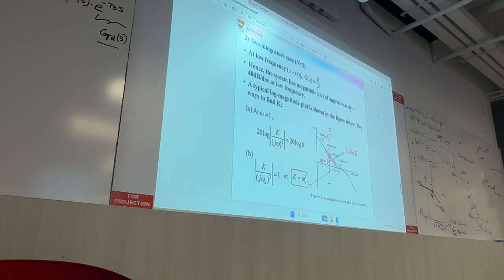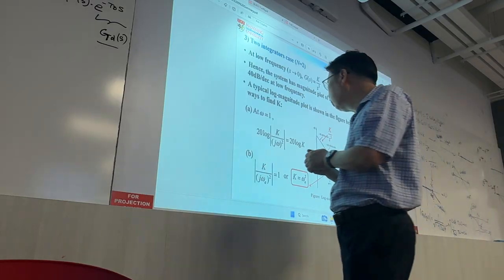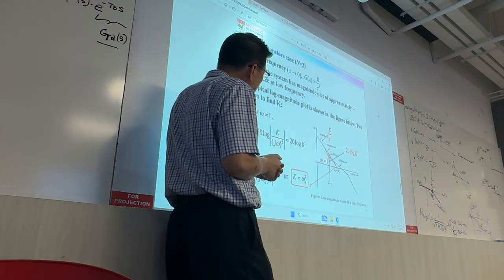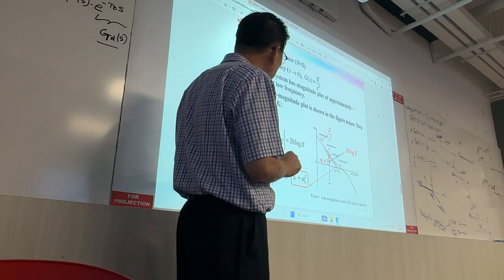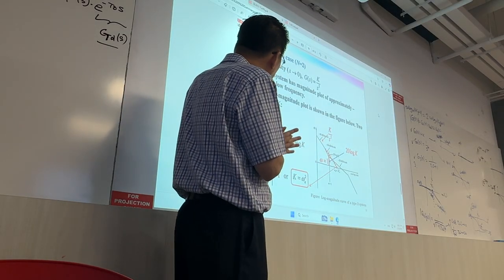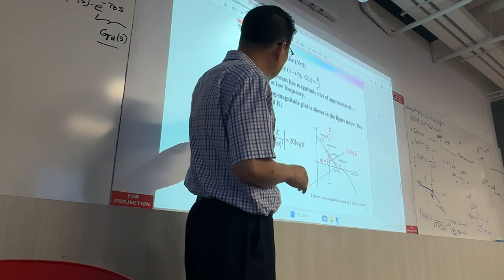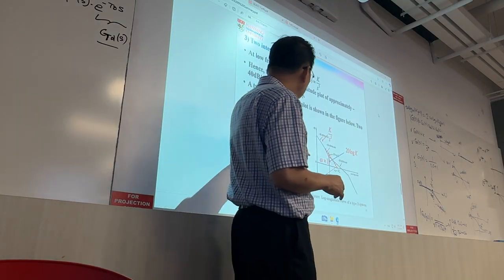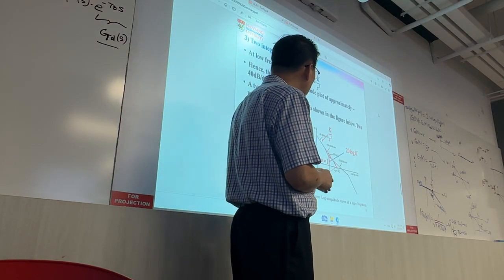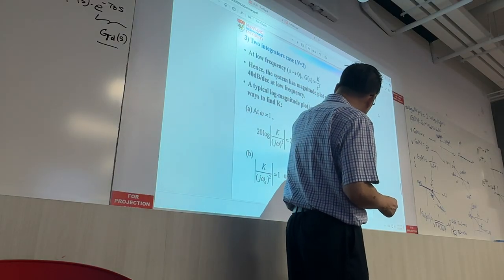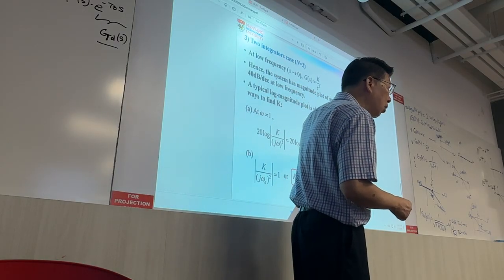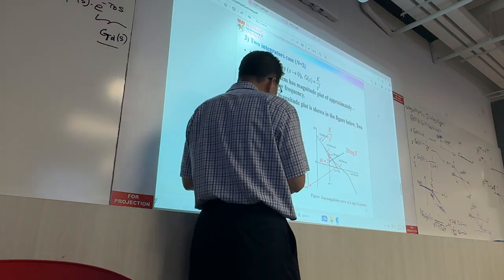And when n is equal to 2, then you can go over the same reasoning. I don't want to go into details. Basically, at frequency 1, you have this 20 log of K. So at frequency 1, the red color here, this value is 20 log of K, no change.